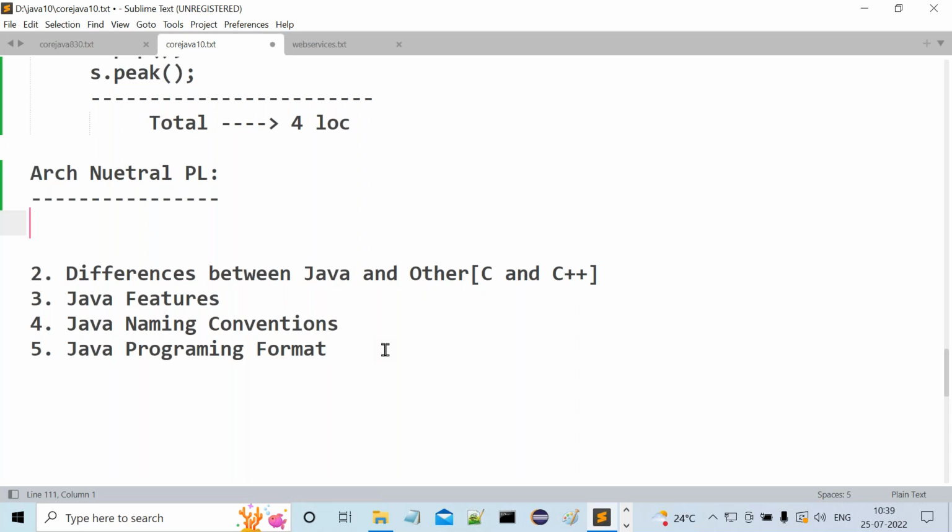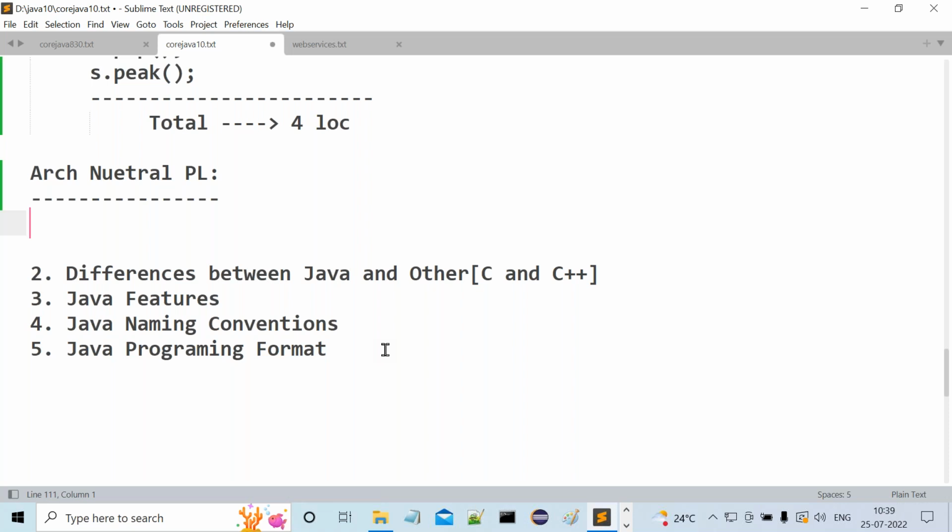More customers or less customers? More and more customers are identified, or not? Now Sun Microsystems wants to prepare a new programming language that should not depend on any hardware architecture. It has to be compatible with all the hardware architectures. Got my point or not?